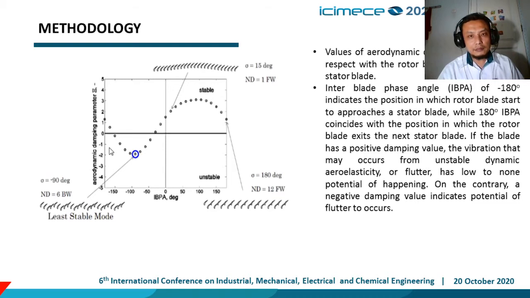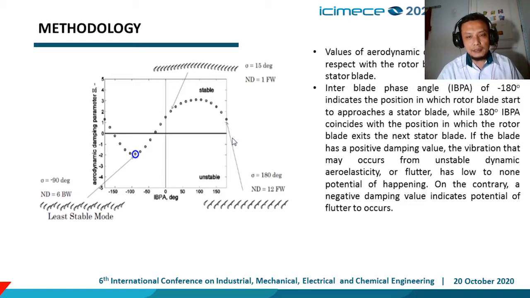Methodology: values of aerodynamic damping are plotted with respect to the rotor blade position relative to the stator blade. Interblade phase angle or IBPA of minus 180 degrees indicates the position in which rotor blades start to approach a stator blade, while 180 degrees IBPA coincides with the position in which the rotor blade exits the next stator blade.